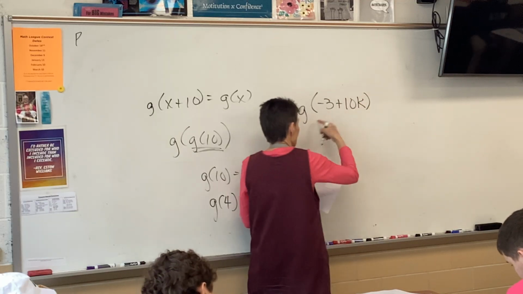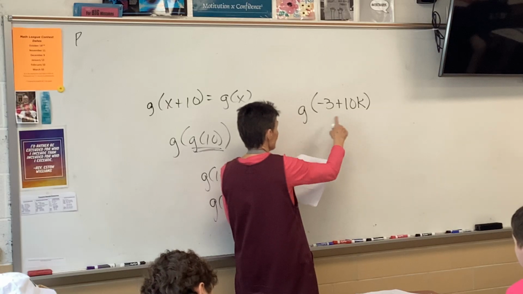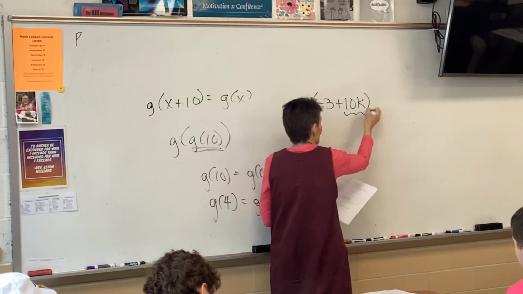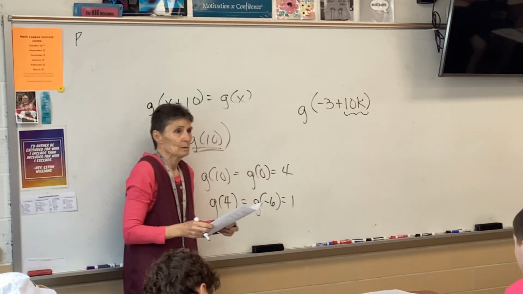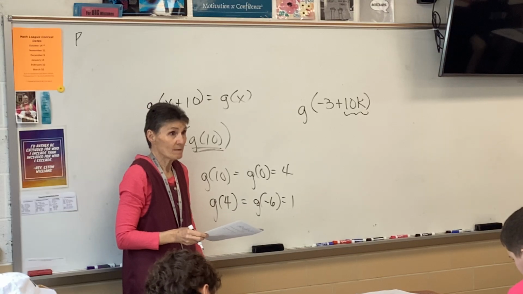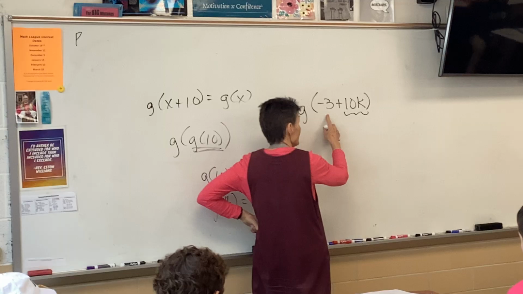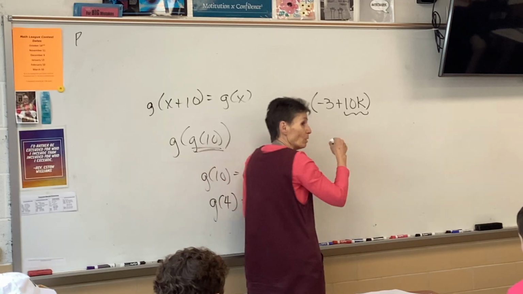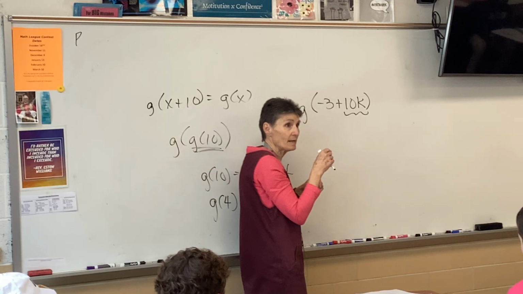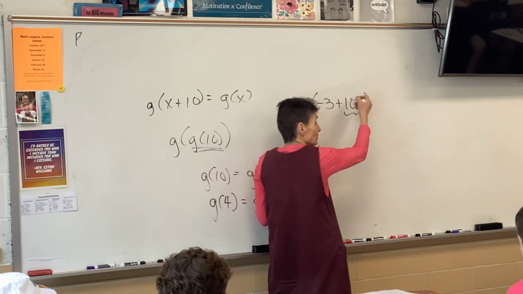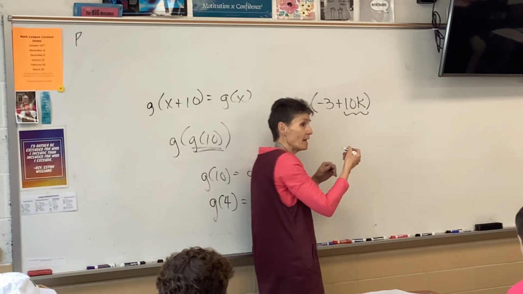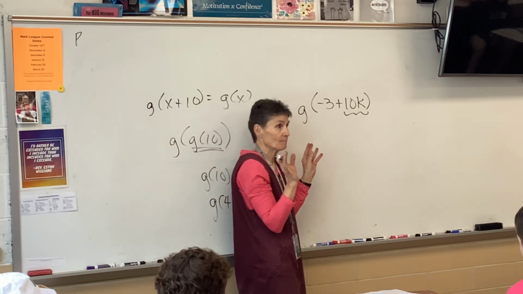I always like to write these backwards of how he does. My period's 10, right? So isn't this saying I'm gonna take -3 and add multiples of 10? And what will that do? Adding multiples of 10 does nothing.